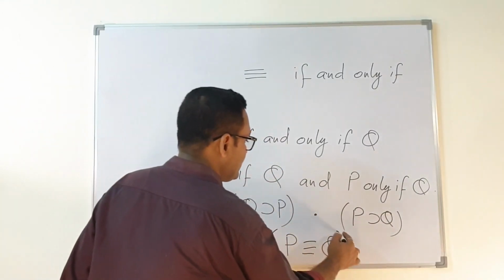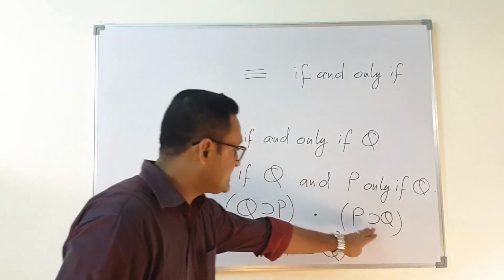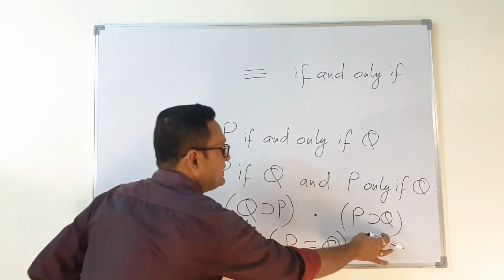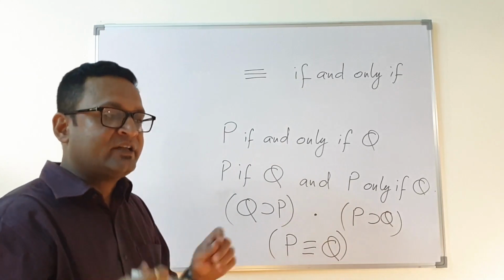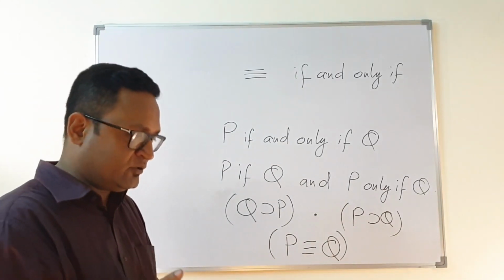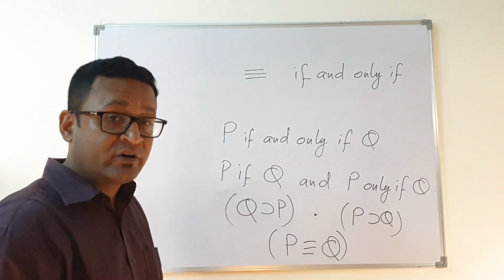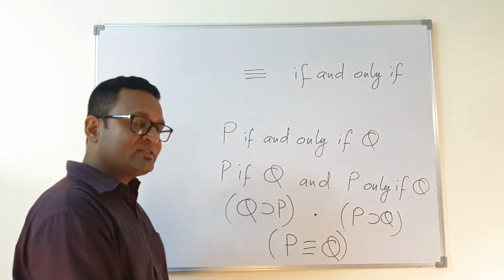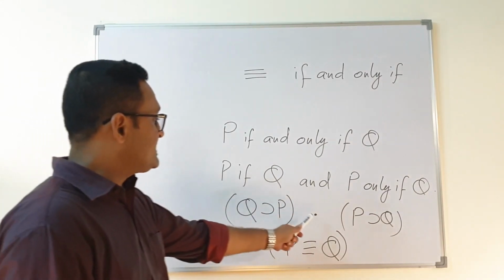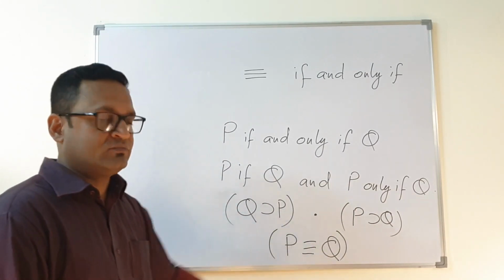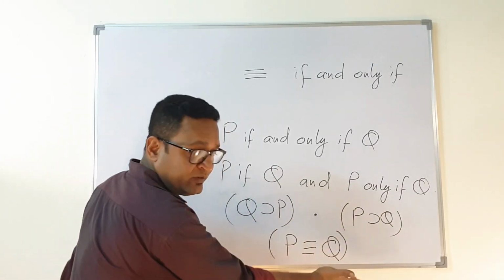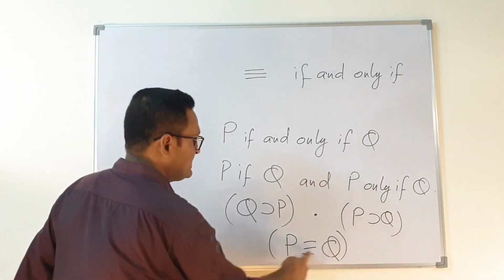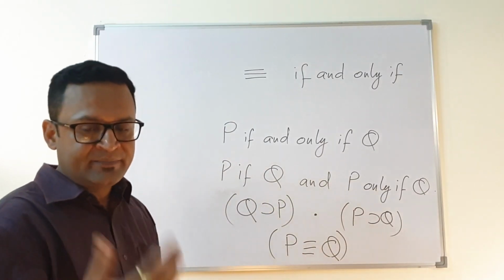So P triple bar Q is like P implies Q and Q implies P, or Q implies P and P implies Q. As I told you, conjunction is a commutative function, so you can change the positions. However, we have still not introduced all these things, therefore I am not discussing them at length, but you can always do this, right? So it can also become Q equivalence P as well. Still, it will remain the same.